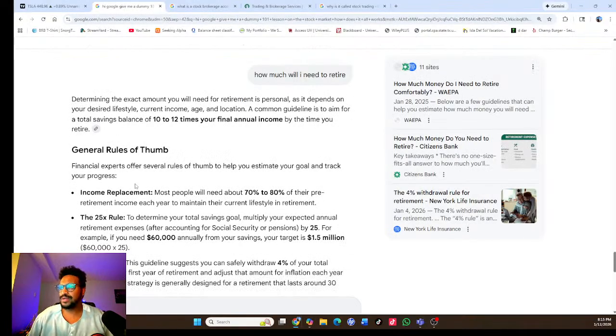Determining the exact amount you'll need for retirement is personal. It depends on your lifestyle. A common guideline is to aim for a total savings balance of 10 to 12 times your final annual income by the time you retire.